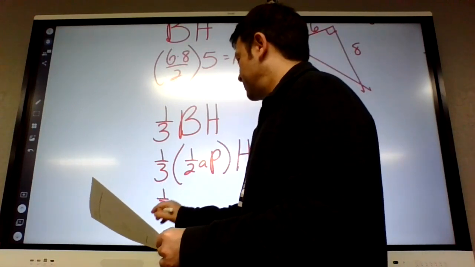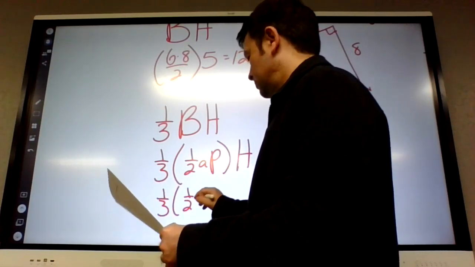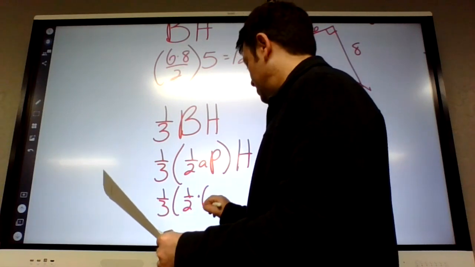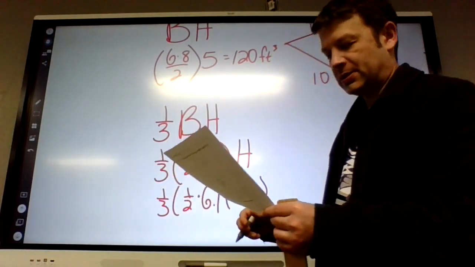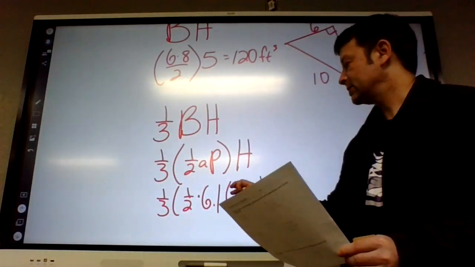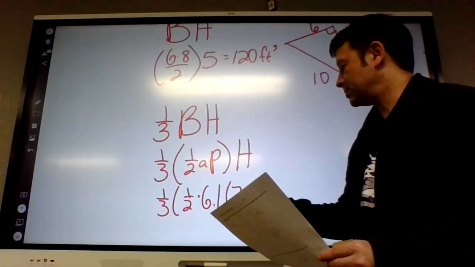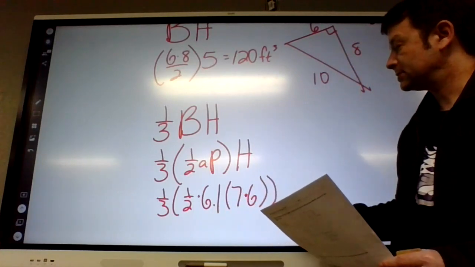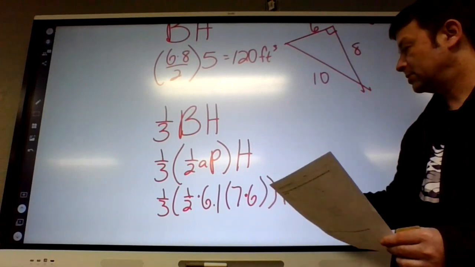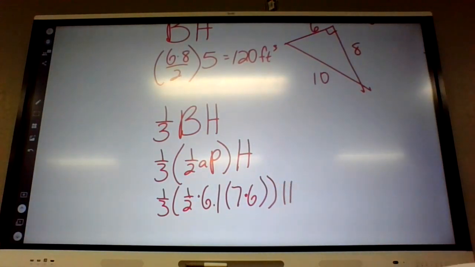What's the apothem? 6.1. Perimeter? 7 times 6, or 42. And then height. 11. Alright, that should do it.